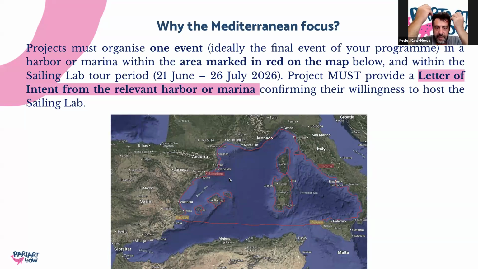For example, we cannot start from Rome, go near Barcelona, and then go back to Cagliari, to Palermo, and then back to Barcelona. So after the winners are chosen, we start a discussion together to find the right way and an agreement for a good route, considering the weather, the timing, and also the project itself.